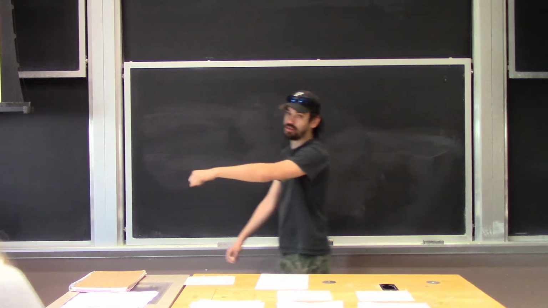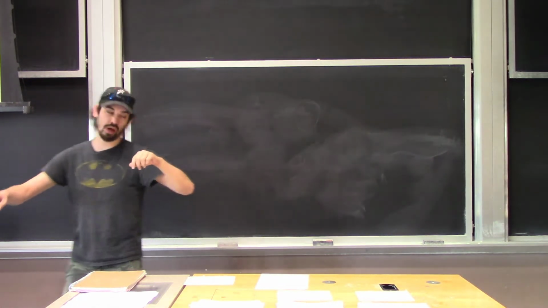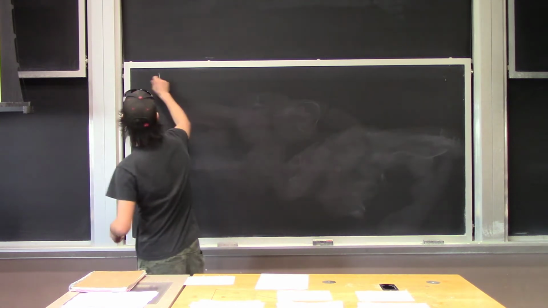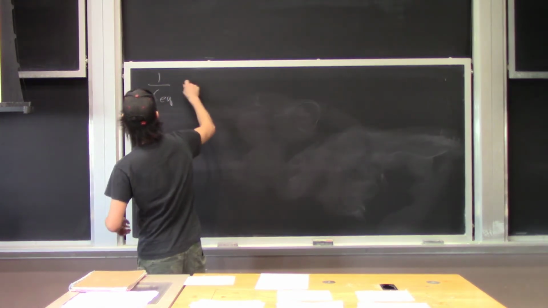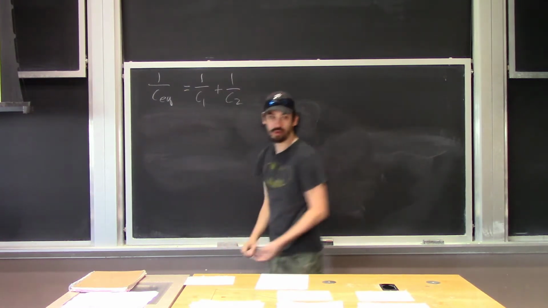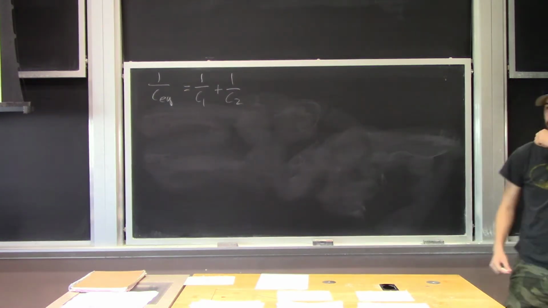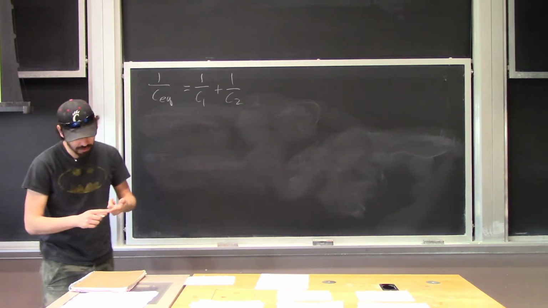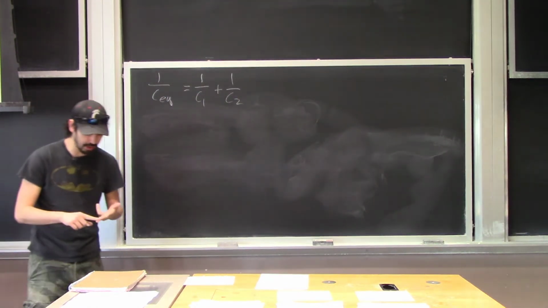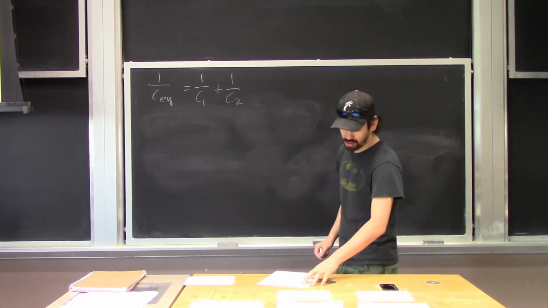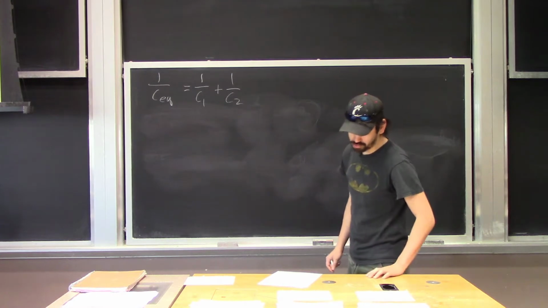The classwork that I had you guys do and the homework was all really to try to get at this equation: 1 over C_eq is equal to 1 over C1 plus 1 over C2, for the various symmetries that we applied Gauss's law for. So in class we did the planar symmetry and the spherical symmetry, and the homework was based on the cylindrical symmetry.